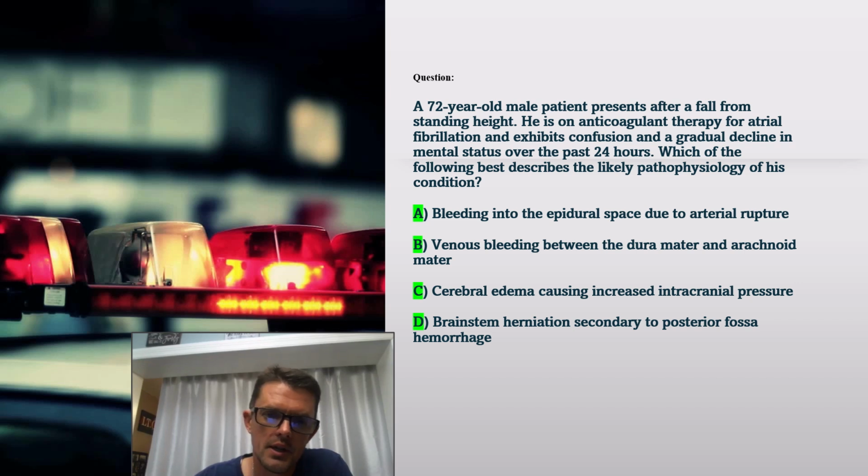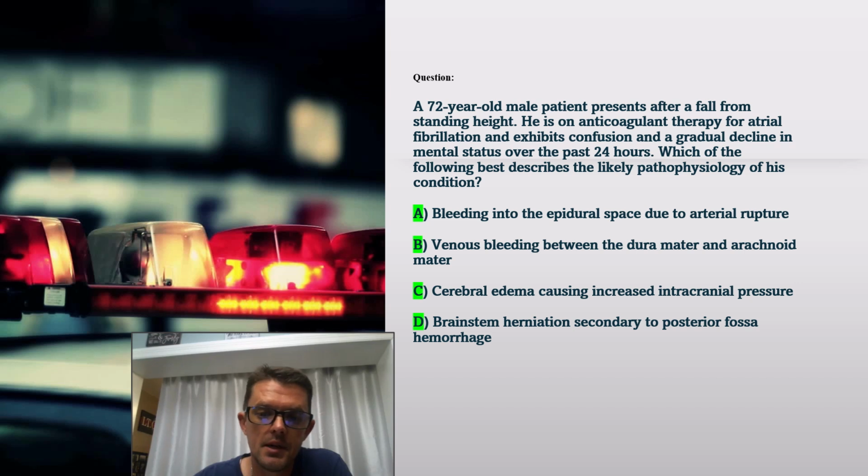Which of the following best describes the likely pathophysiology of this condition? Bleeding into the epidural space due to, nope. Venous bleed between the dura mater and arachnoid. Okay.